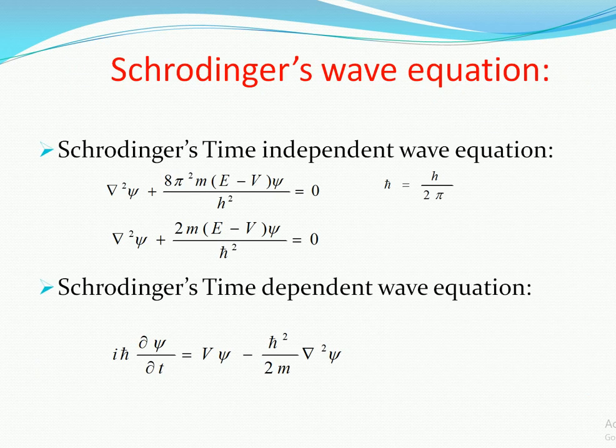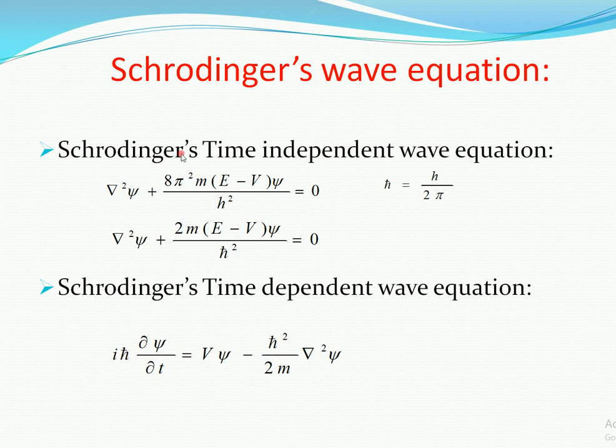Schrodinger's wave equations. These wave equations determine the wave function of a given particle, and these equations help in studying the structure of atoms. There are two equations. One is dependent on time and another is independent of time.